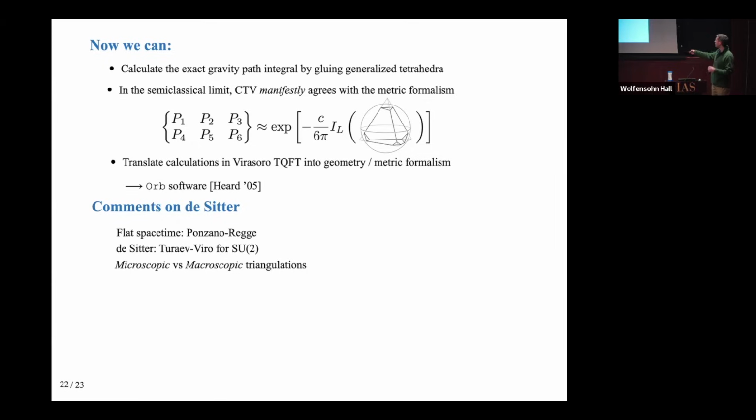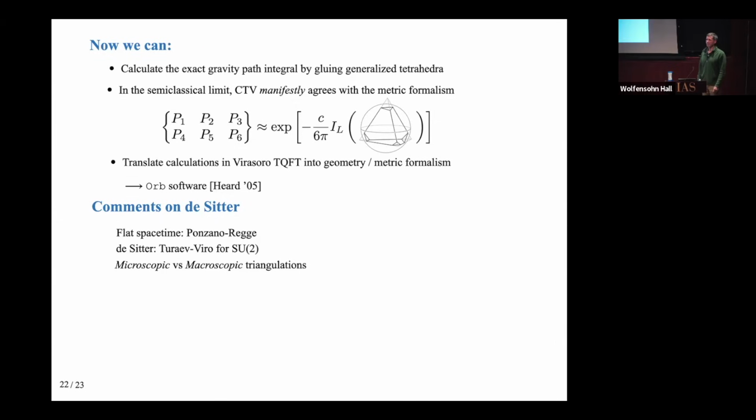But actually, if you want to make this look more like what I was doing in AdS3, that might be the wrong group to use. And I think this recent work of Gaiotto, Teschner and Hartman may be a more direct route to doing a similar thing in de Sitter. And that's more like SL2C as opposed to SU2.